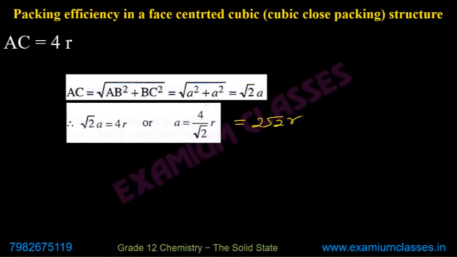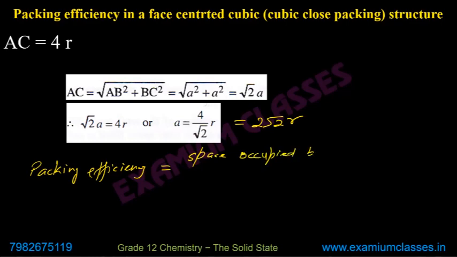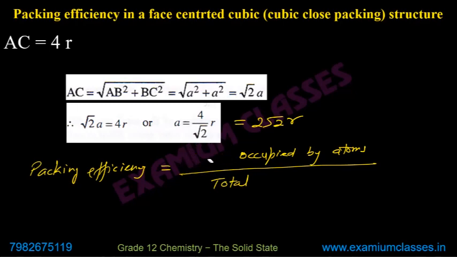The moment you got the relationship, now apply the same formula. Packing efficiency is equal to space occupied by atoms divided by total volume, into 100 in percentage. This space means volume.